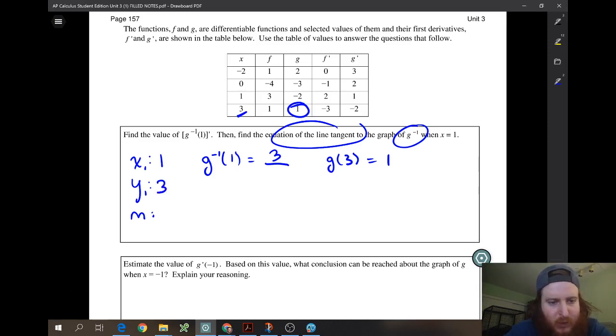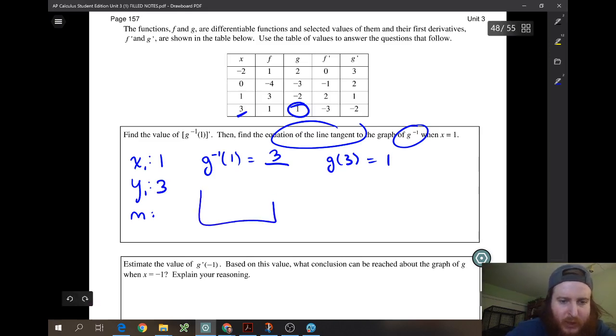Right, and then for the slope, we can either make our table, or you can do it the other way. I like it with the table, so I'm going to put in g of 3 equals 1, and our inverse of 1 equals 3. So that's the value that we do g prime of. So g prime of 3 is negative 2. So this is going to be negative 2.